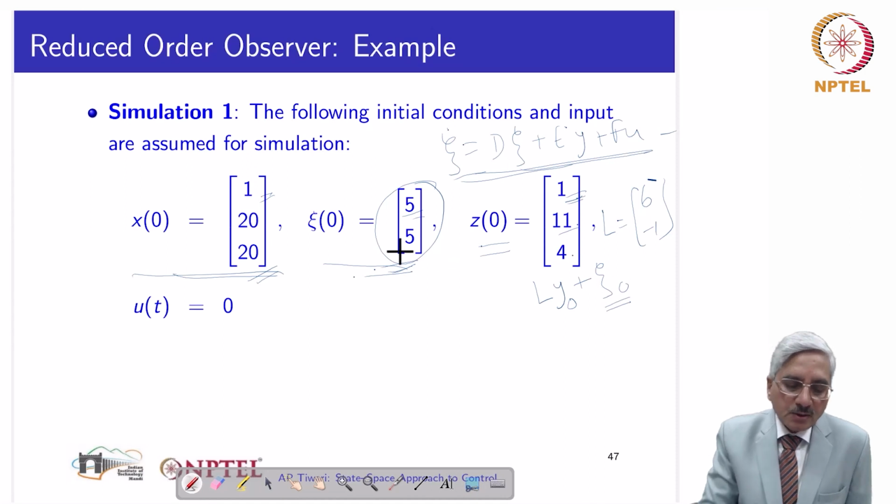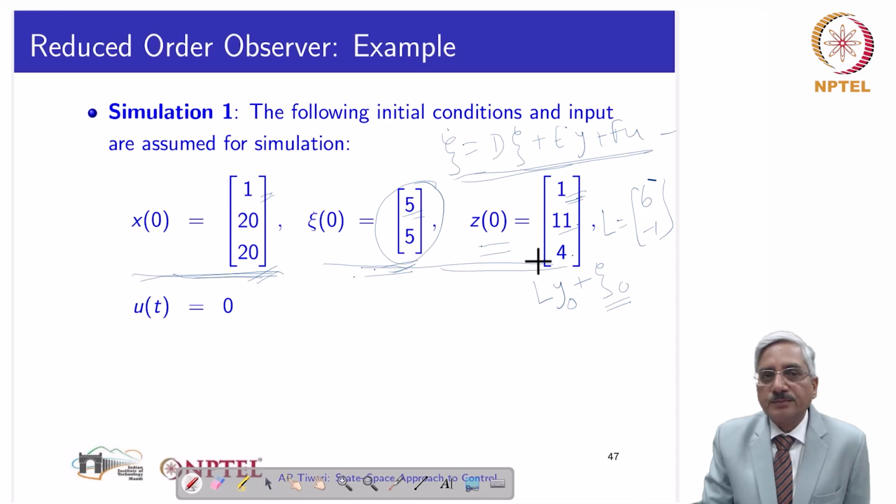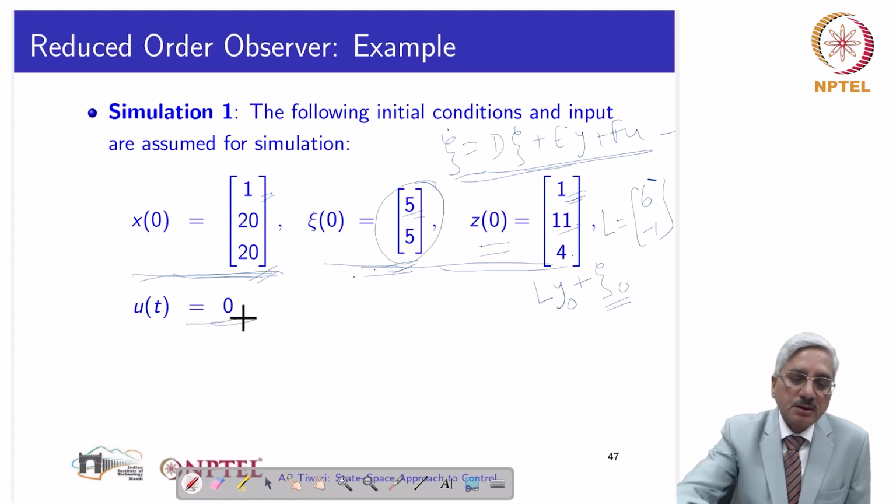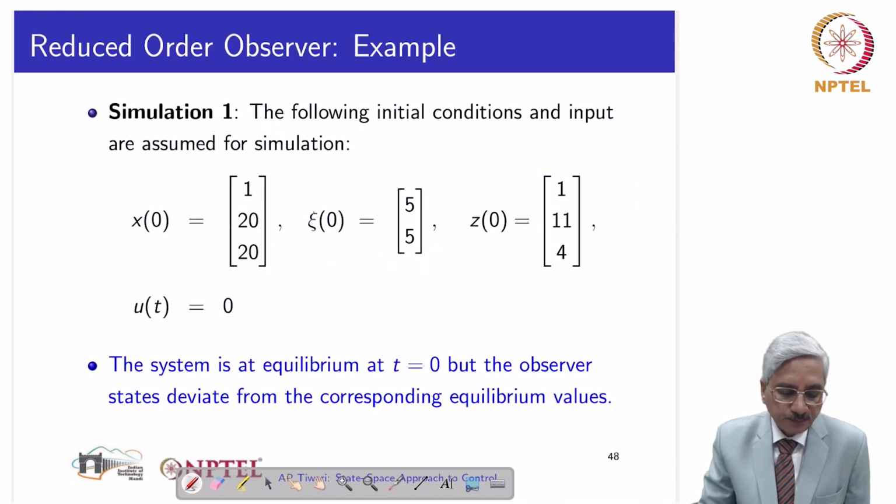So we are assuming that the system is at equilibrium, but the observer is not at equilibrium. Its states are not at the equilibrium, and that means when we simulate the observer equation, we will find that it undergoes a transient, even with input u equal to 0. So that is what we are going to see.